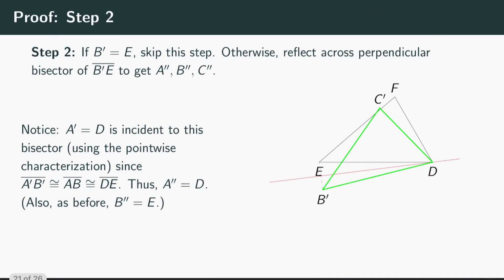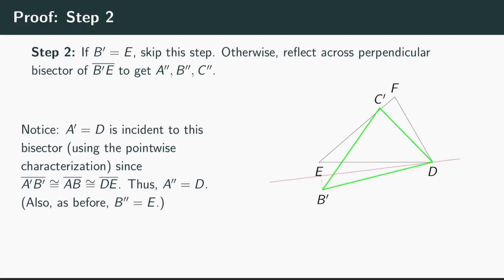So I've put in here the segment B prime E in little light gray dots and the perpendicular bisector in red. So now the key thing is our point D, which is the same as the point A prime, right? D is incident to this bisector because the distance from D to B prime is the same as the distance from A to B by the fact that we used an isometry.